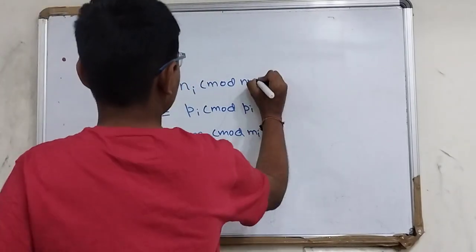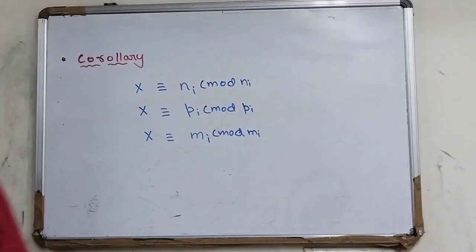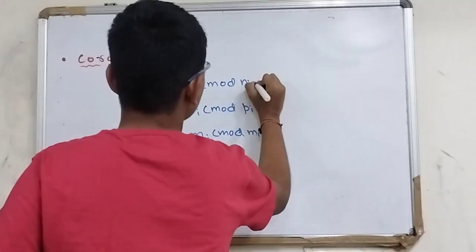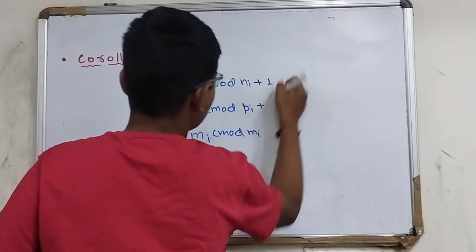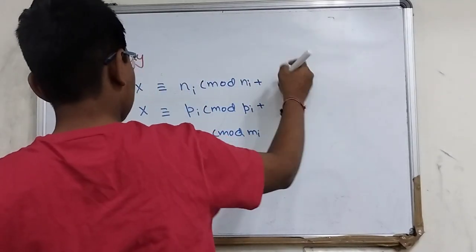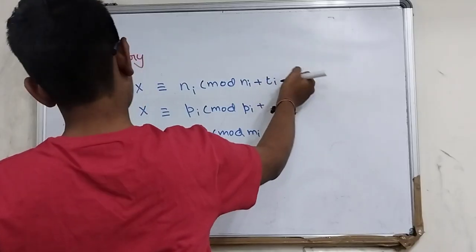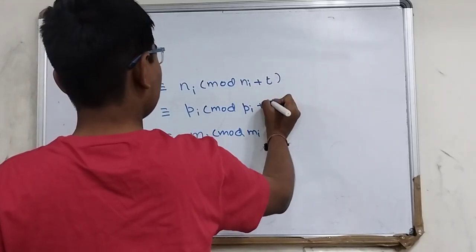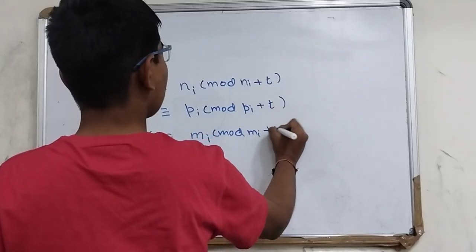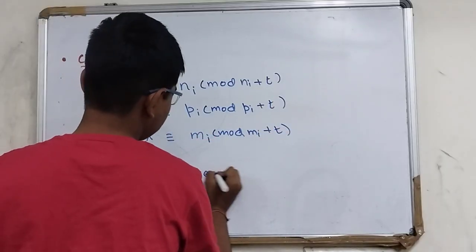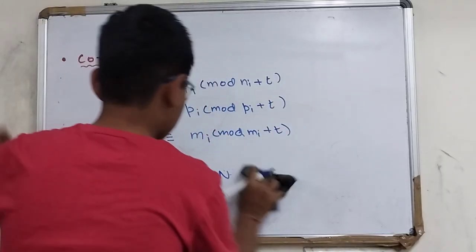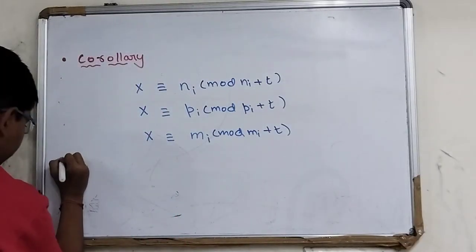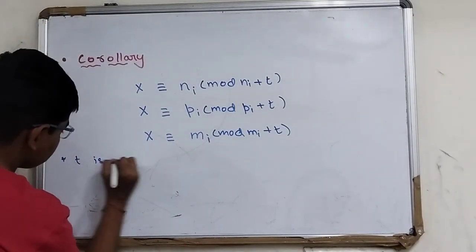And then you add t here, not 1, any arbitrary integer. Integer or natural number? I think natural number. So t, where t belongs to the natural numbers, is arbitrary.